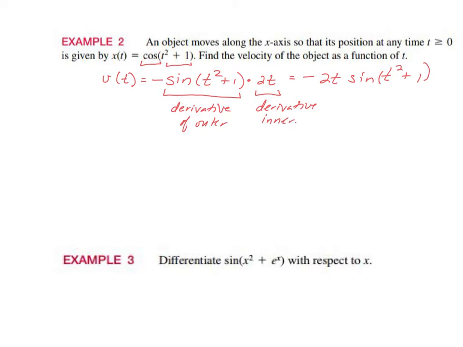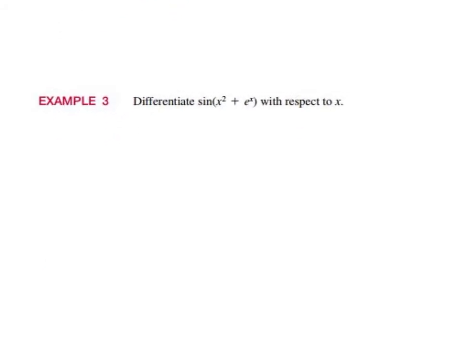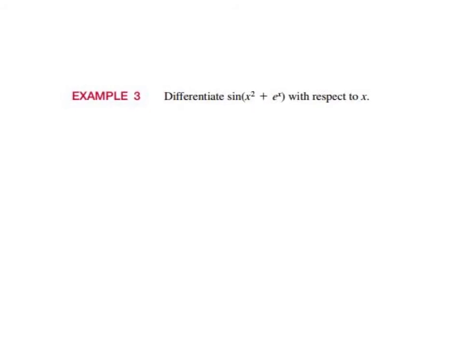Let's look at example 3. I'm going to have to differentiate, that is, take the derivative, of sine of x squared plus e to the x with respect to x. So again, my outer function in this case is sine, and my inner function is x squared plus e to the x.